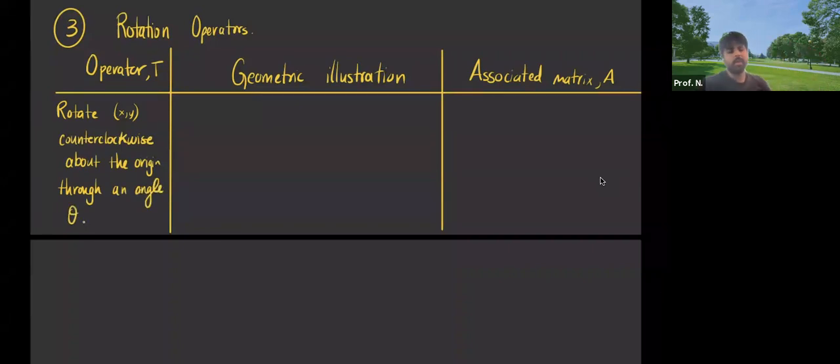Normally we say, I want to rotate this coordinate 30 degrees about the origin. That's normally what we would say. Now, how would we interpret that?